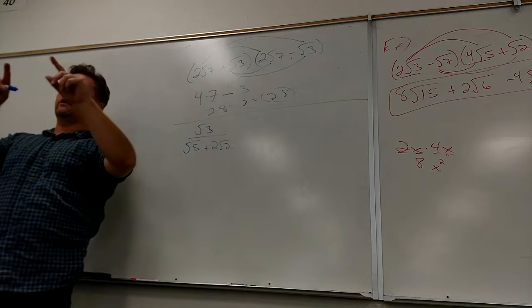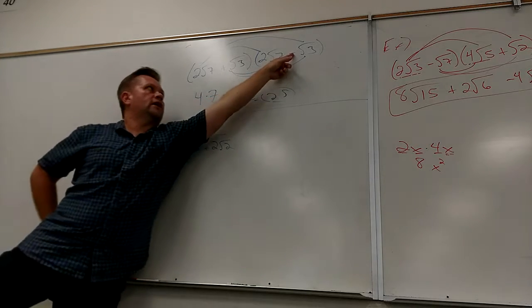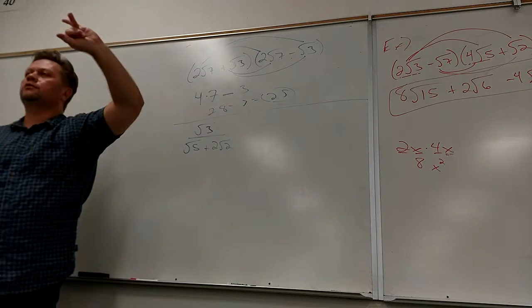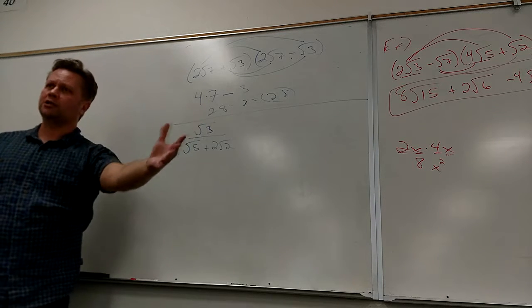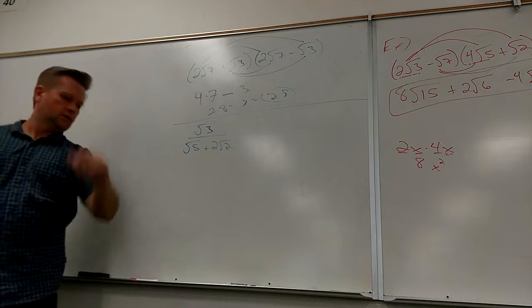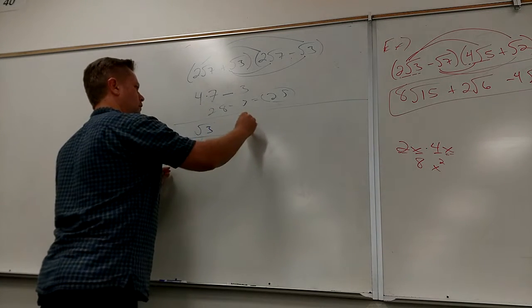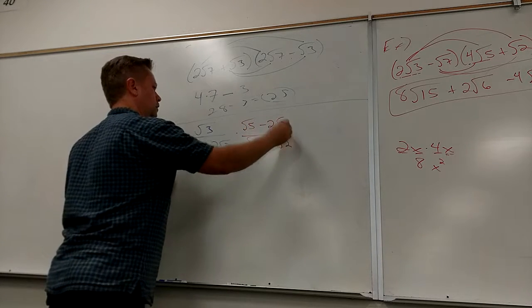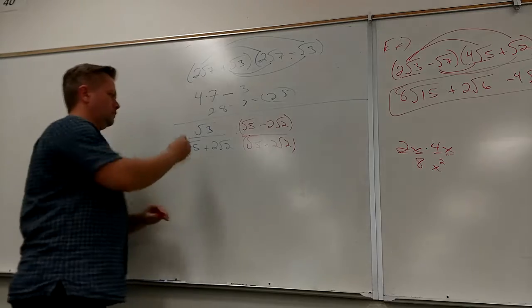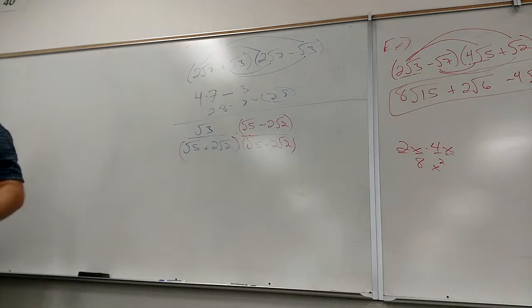Because the only place a radical could still be left alive would be in the middle, and if I multiply it by the opposite sign there, the middle terms will cancel. That's why the answer comes out nice and rational. No radicals left. So what would this guy's conjugate be? Root 5. Cool. So go ahead and finish that up.